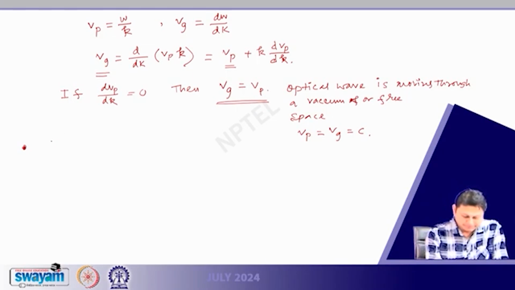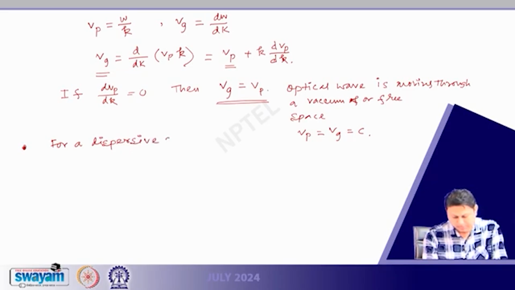So for a dispersive medium, Vp is no longer C, it is basically C divided by n(k), because the refractive index is a function of the propagation constant or wavelength.